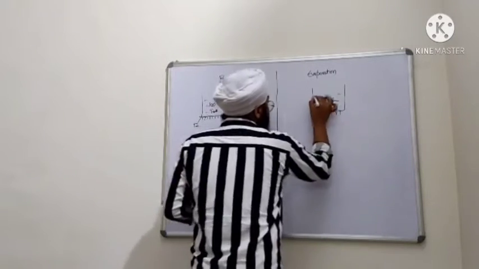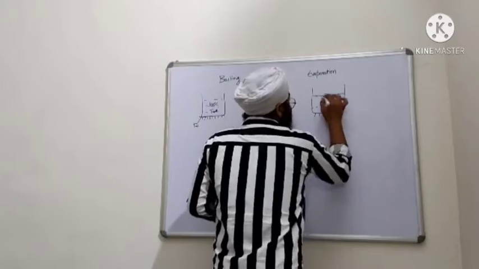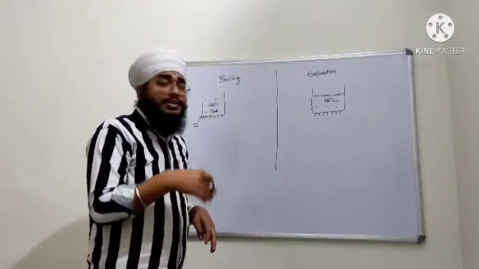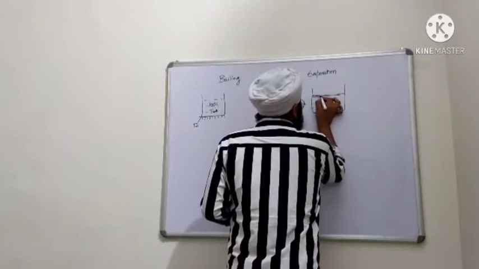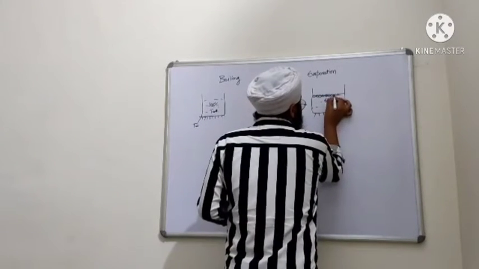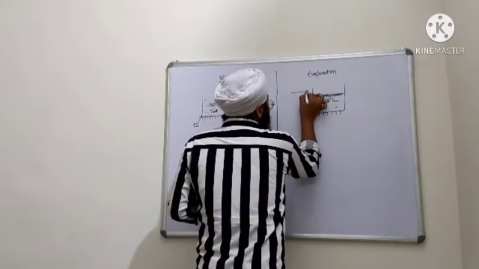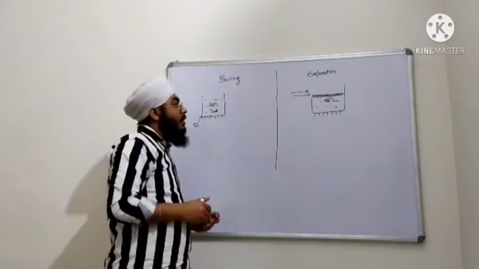Now let us start heating both flasks. What we will see is that in this one the temperature will start rising, 65 to 66, 67, 68. But the particles at the surface will be blown away by the airflow.